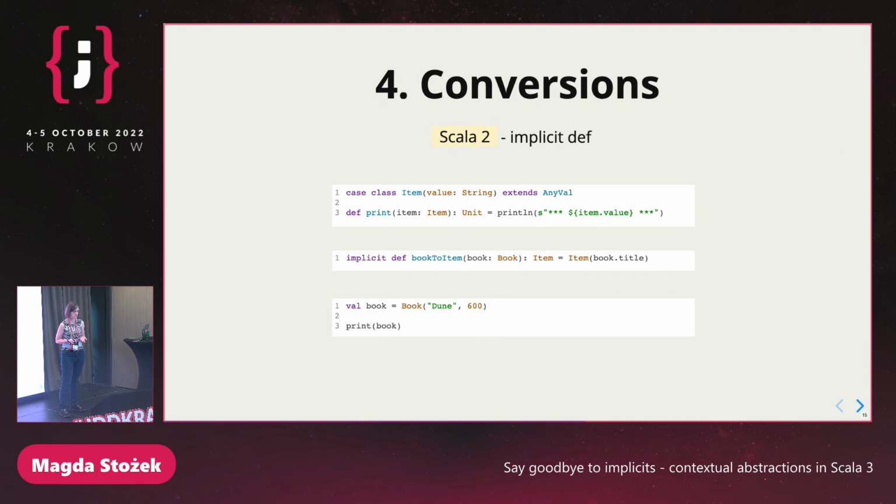So in Scala 2, you used implicit defs, so implicit method for that. You provide a method operating on the book type, on the source type. It returns the target type, which is the item, and the way it should treat it, it should just invoke the constructor of the item and take the book title. So for Scala 2, that's another use of implicits.